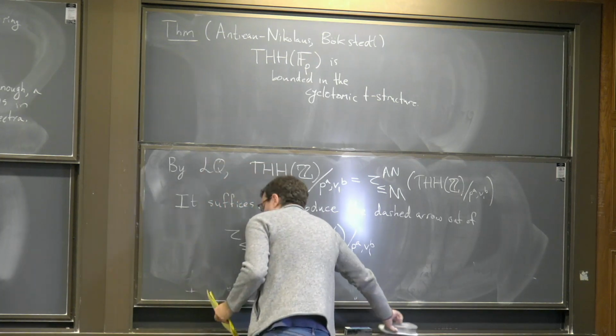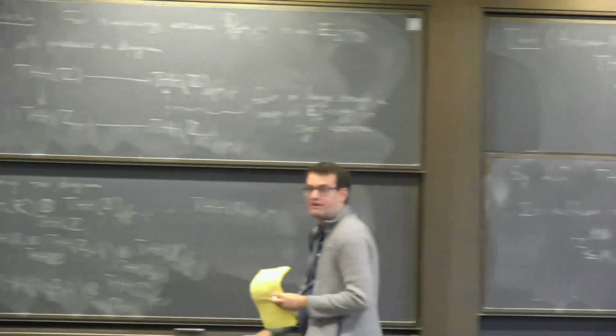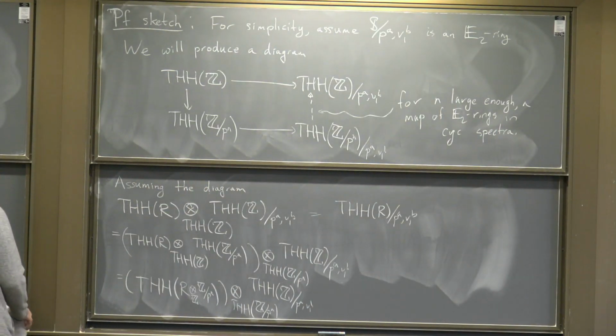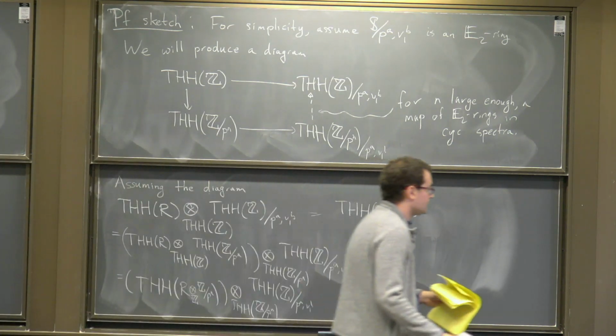Because we're trying to map into something truncated, we can just map out of the truncation. And now, right.